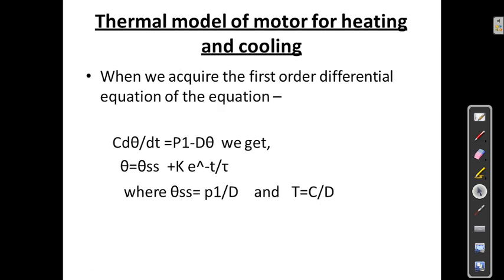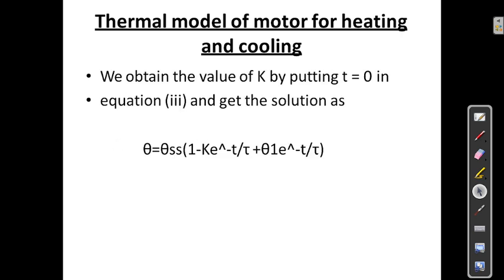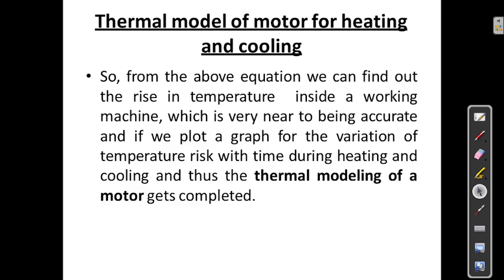This equation then becomes theta equals theta s into 1 minus e power minus t by tau, plus theta 1 e power minus t by tau.